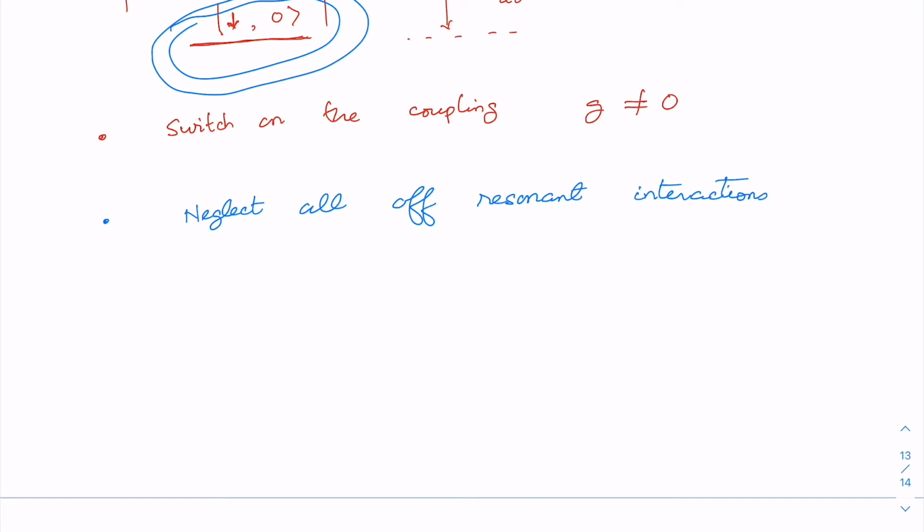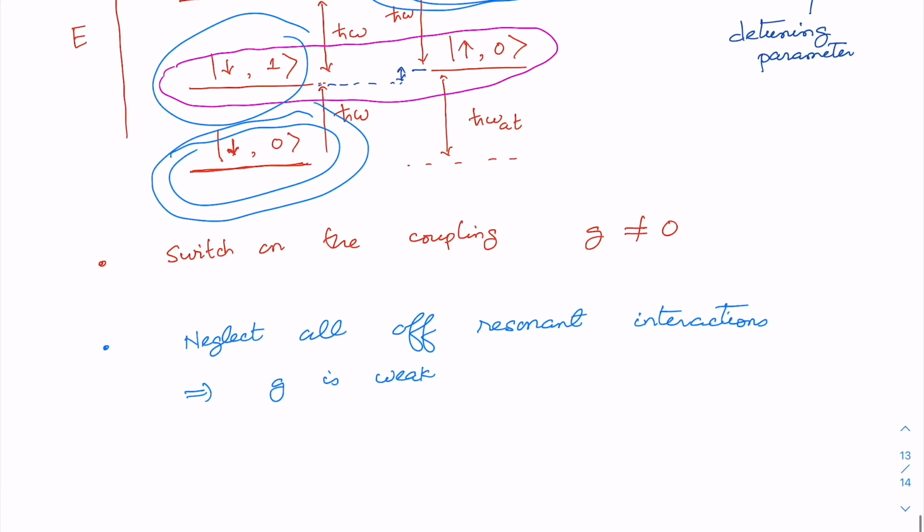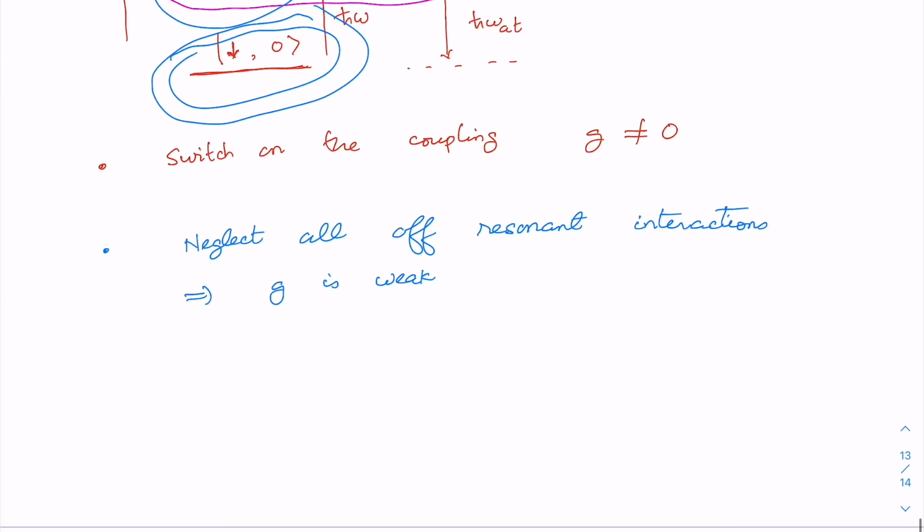That is possible only if the coupling parameter z is very weak. Then we can neglect all the other off-resonant interactions.